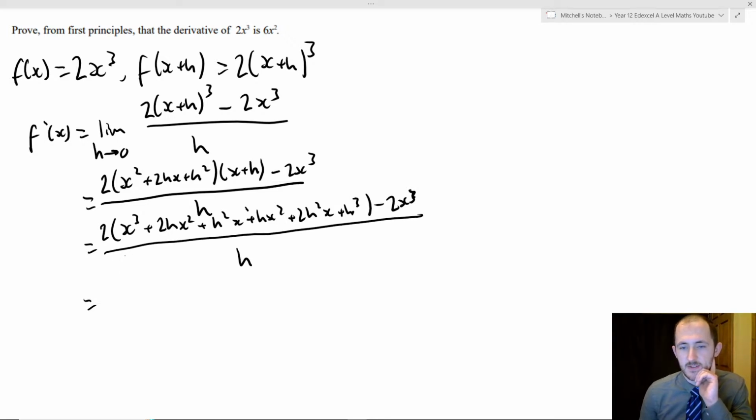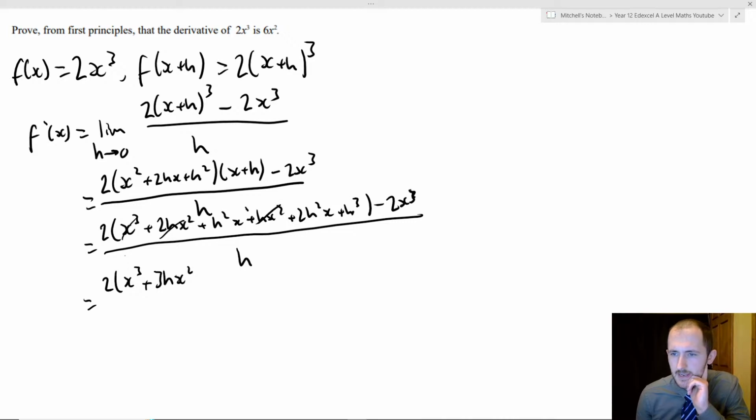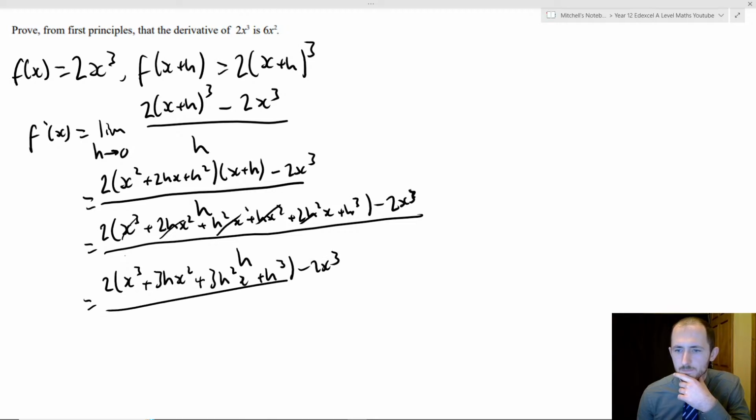Again, we're going to gather the like terms. We have x cubed, so we can cancel that one out. We have 2hx squared and hx squared, so that would be plus 3h. Then we have 3h squared x, and then h cubed over h.